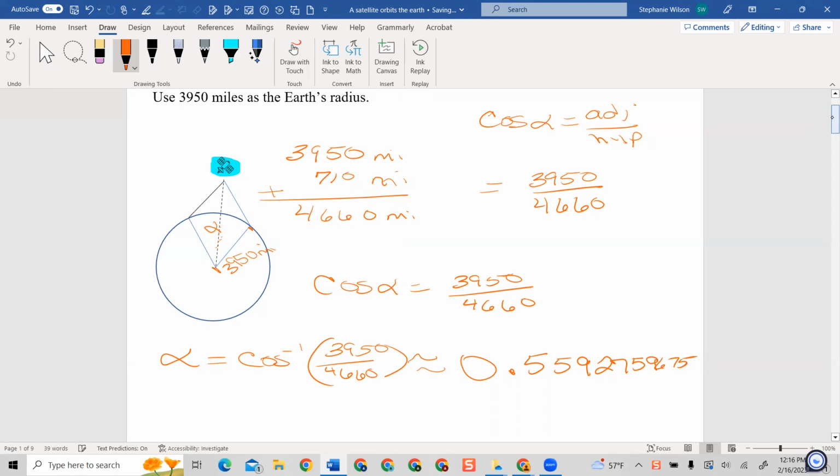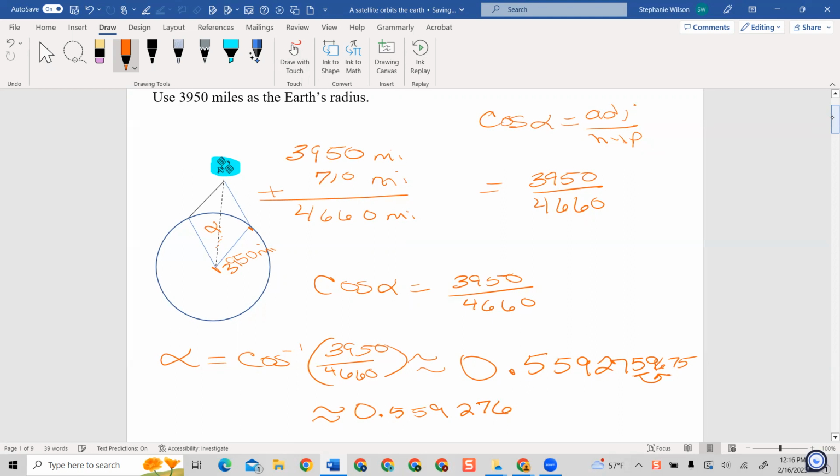I'm just going to write that down, and let's round to this place right here. If I look at the number behind it, it's going to cause that 5 to go up to a 6, because that 9 is greater than 5 whenever you do the rounding. So this is what I get.